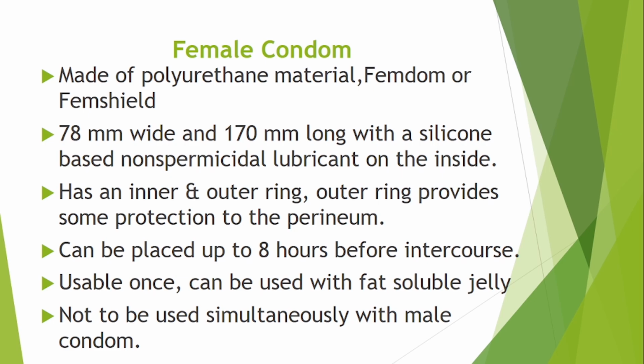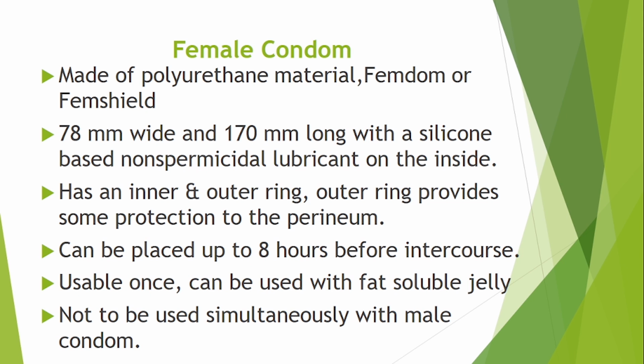The female condom is made of polyurethane material, trade name Femidom or FemShield. It's 78 millimeters wide and 170 millimeters long with a silicone-based non-spermicidal lubricant on the inside. It has an inner and outer ring.